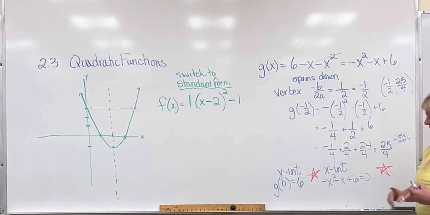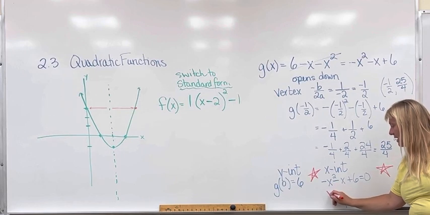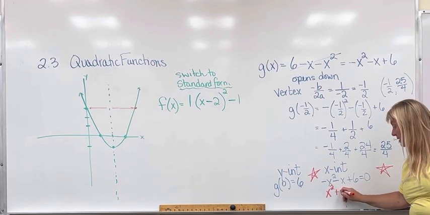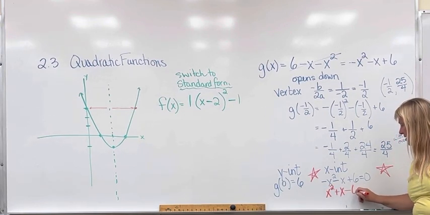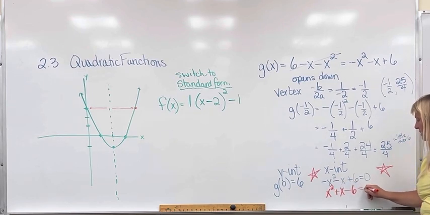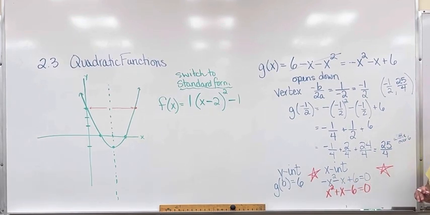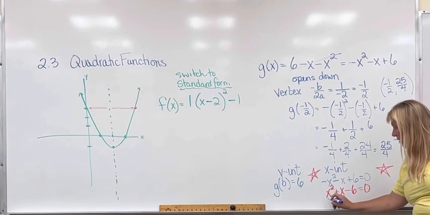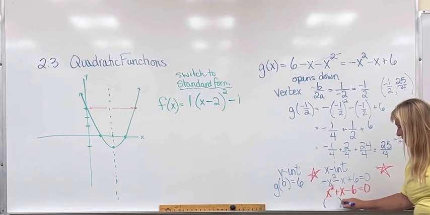So I ran myself out of space, but we can now say that x squared plus x minus 6, flip all of the signs, equals 0. Okay, but it is only okay at that step. That is very important. And now the hope is that we have something that will factor again.